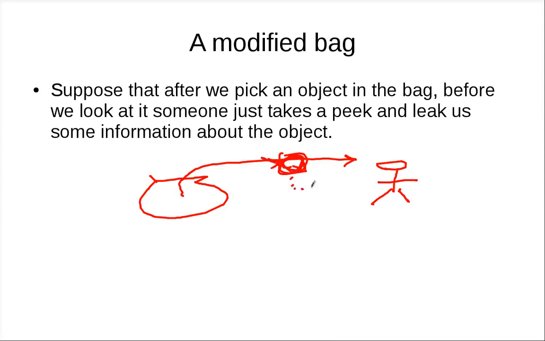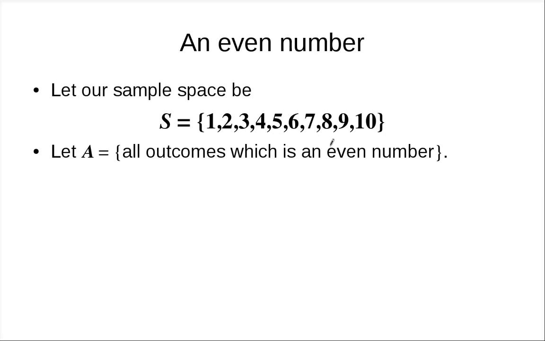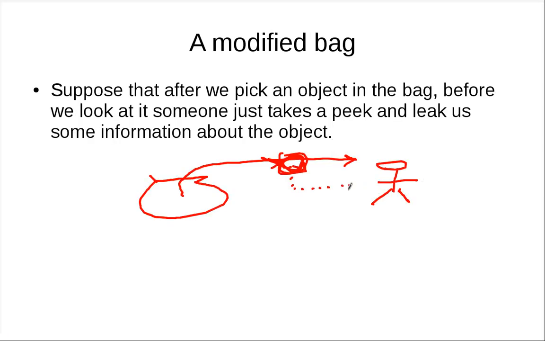And then some information is leaked to us, and before we see the outcome, we hear something from this person. So that's the situation: someone leaks some information to you before you see the actual outcome.